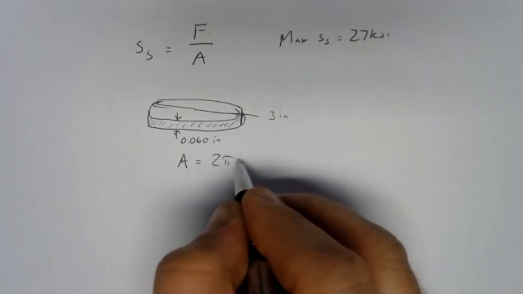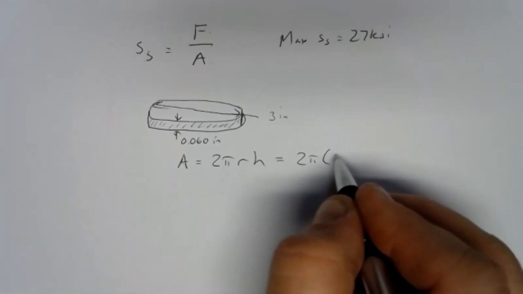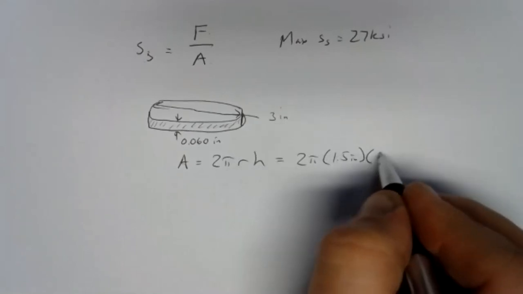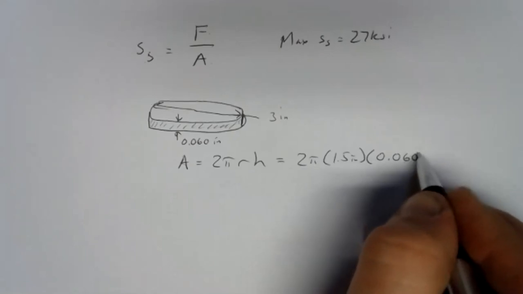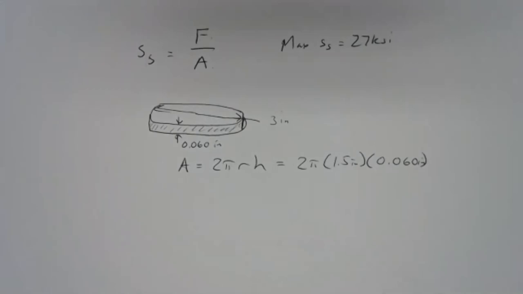It's 2 pi times the radius times the height. So we have 2 pi times our radius, 1.5 inches, times our height of 60 thousandths of an inch. That'll give us an area. Inches times inches will give us square inches. So we've got 2 times pi times the radius, 1.5 inches, times the height, 0.060.